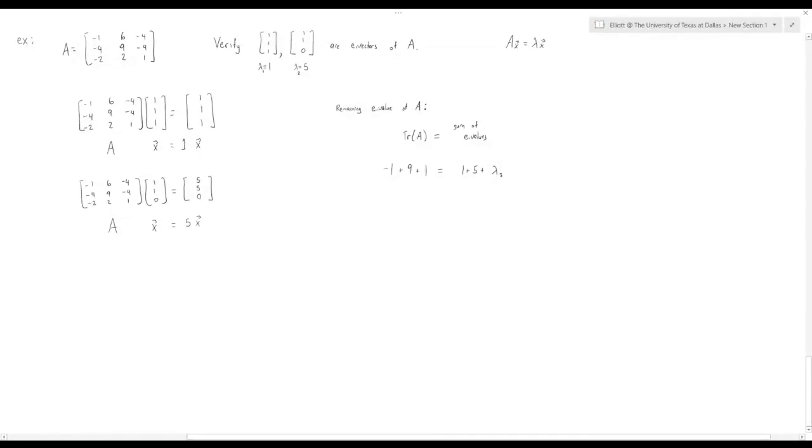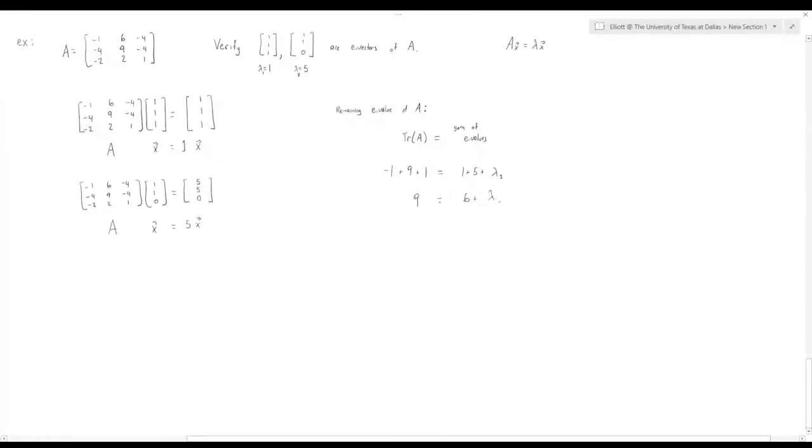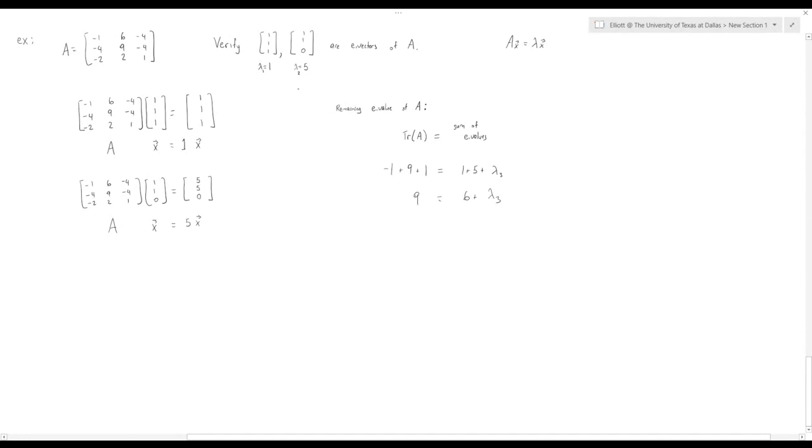Now, for a 3x3 matrix, you should have a third eigenvalue. So knowing two of the eigenvalues, you can use the trace to figure out the third one. So then the third one would be lambda equals 3 in this case, okay?